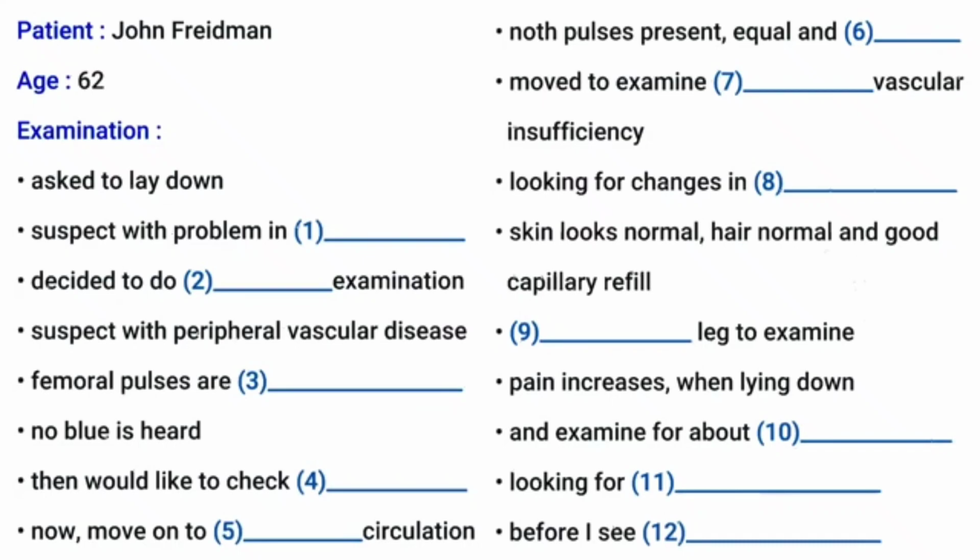I'd now like to proceed to do an evaluation of the peripheral circulation, and I will compare both sides. So with your leg nice and straight, I'm assessing for the posterior tibial pulse on both sides, as well as the dorsalis pedis.